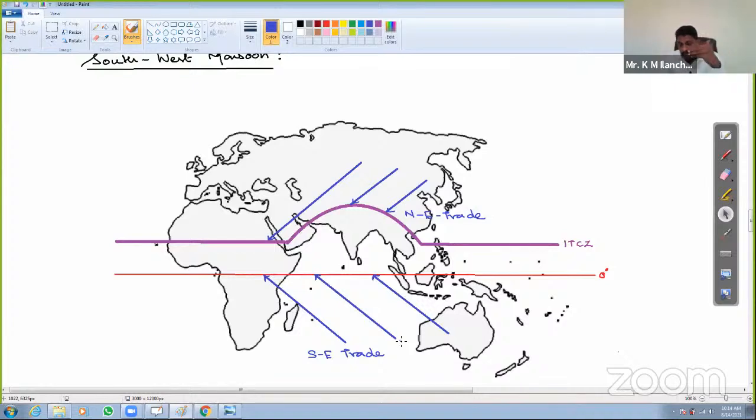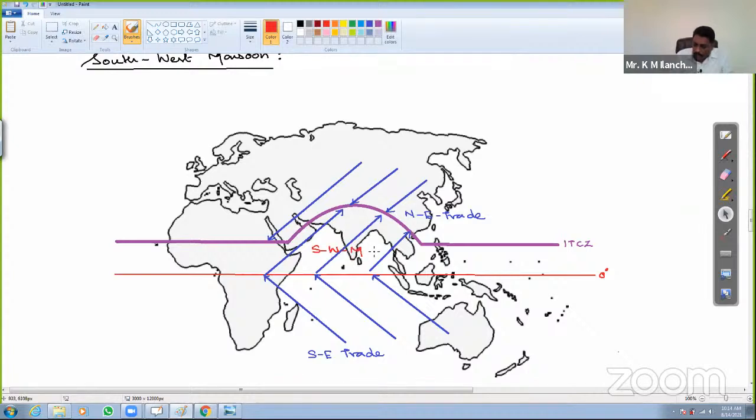But in the northern hemisphere, the direction of deflection is towards the right. So as and when this wind enters the northern hemisphere, it gets deflected towards the right. Not exactly at the equator, but after crossing the equator, this wind starts getting deflected towards the right, and it will flow as the southwest monsoon.